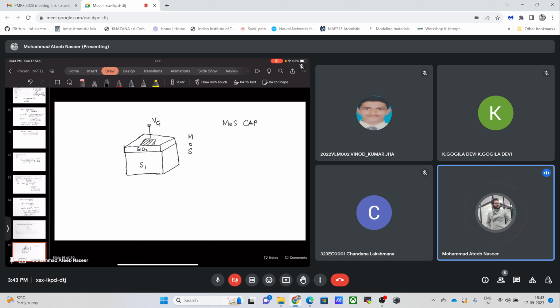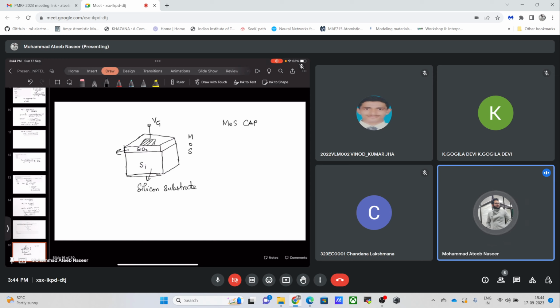So basically it consists of this silicon dioxide layer, or the oxide layer, which is sandwiched between this gate, which is metallic in nature, and this silicon substrate. This also has a metallic layer present at the bottom of the MOS cap.